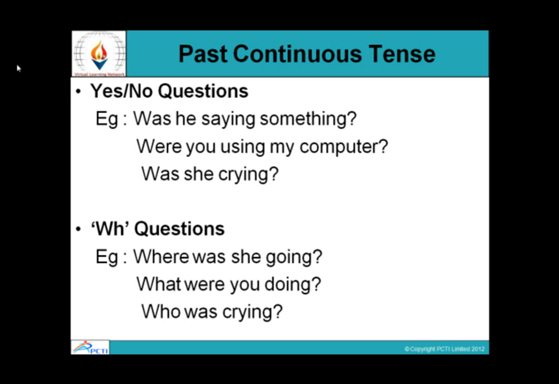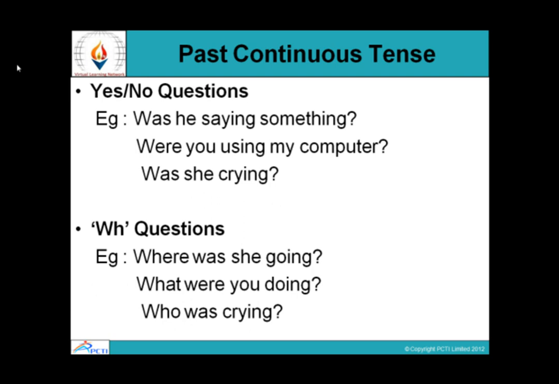Where was she going? What were you doing? Who was crying? This is how we make WH questions in past continuous tense. As I said, remember, this tense is used in some context.